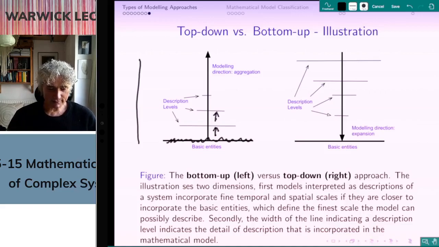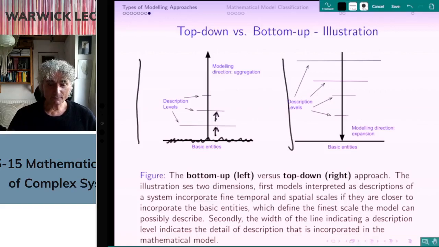So you can go from very fine scales of the empirical system to larger and larger scales. In contrast to that, you have this situation here to the right.